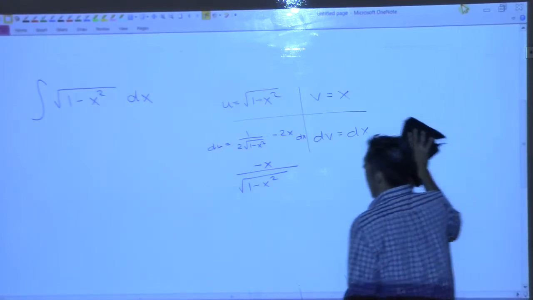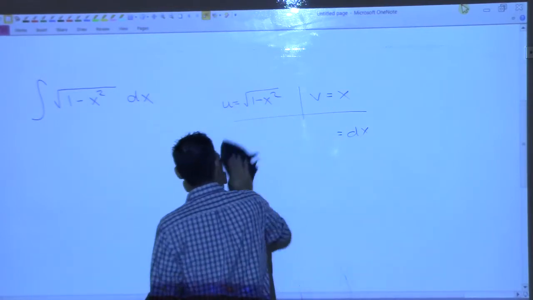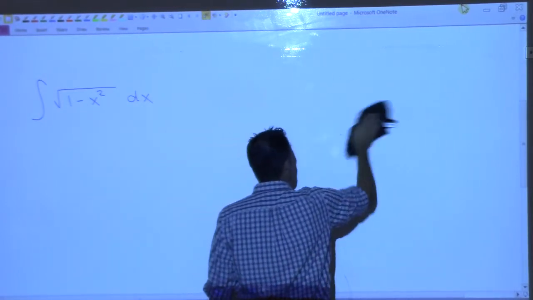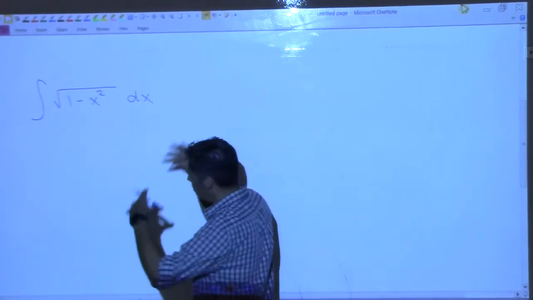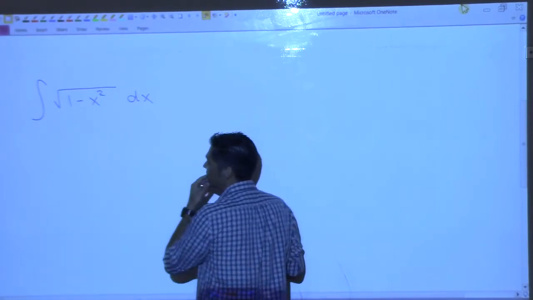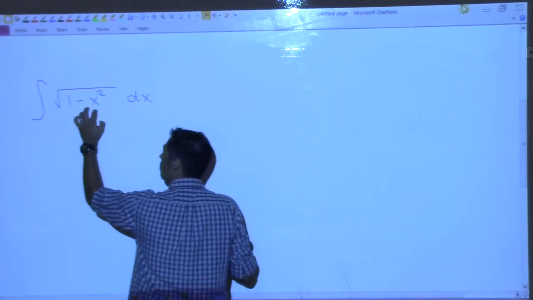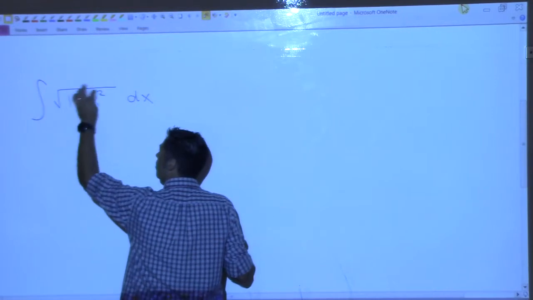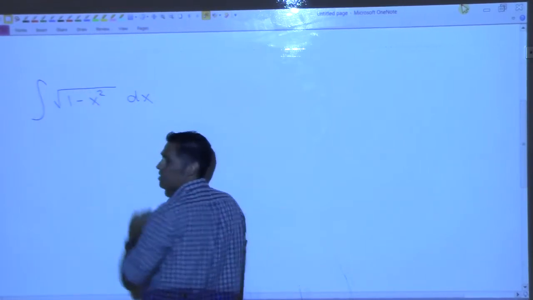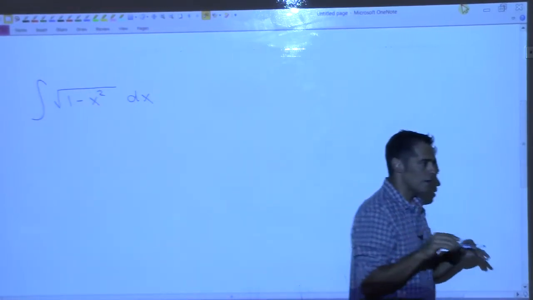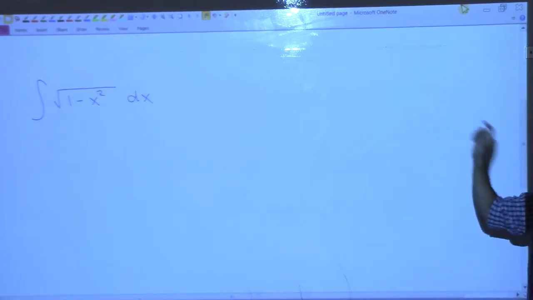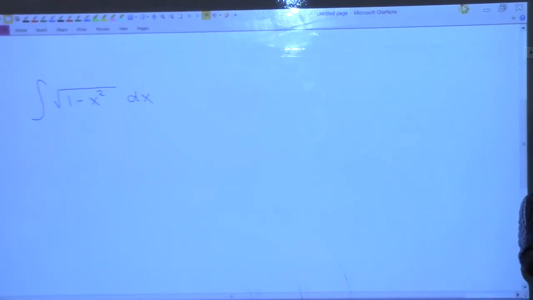All right. So this second part of this section comes from the idea that we struggle with square roots of binomials like this. Whenever we see things like 1 minus x squared, or 1 plus x squared, or maybe x squared minus 1, any of those, we have trouble with them.